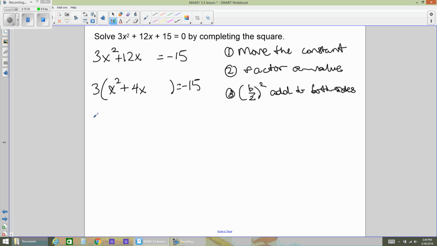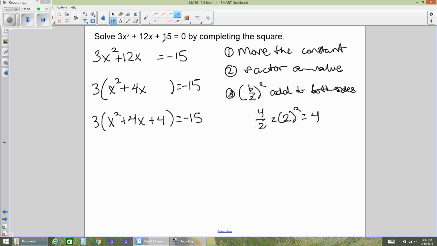So, here's my 3. Here's my x squared plus 4x. Half of 4 is 2, and 2 squared is 4. So I'm going to write plus 4 over here. And I'm going to change my color so you can really see what happens. This 3 is going to multiply with this 4.